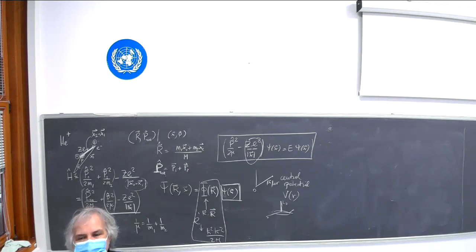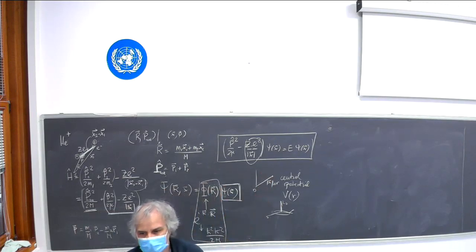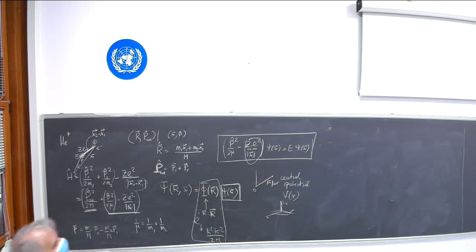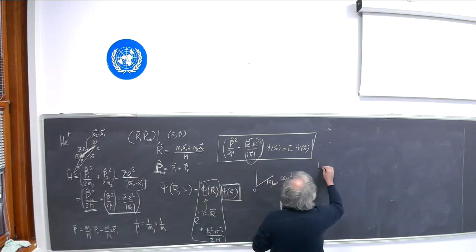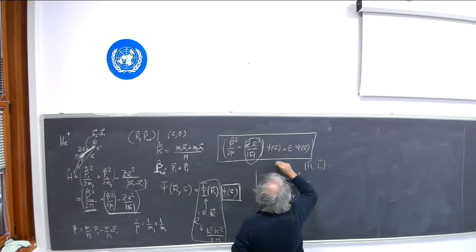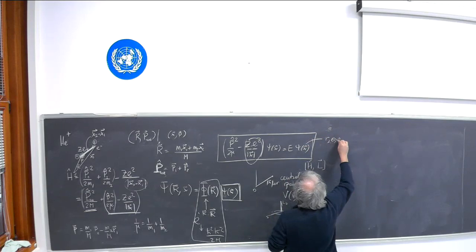Precisely this is the key to solving this central potential problem and reducing it to a radial problem, because you use the fact that this Hamiltonian commutes with the orbital angular momentum. The fact that the Hamiltonian commutes with the orbital angular momentum allows you to write, rather than functions of x, functions of r, theta, and phi.